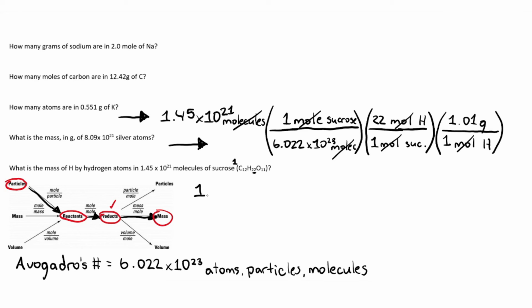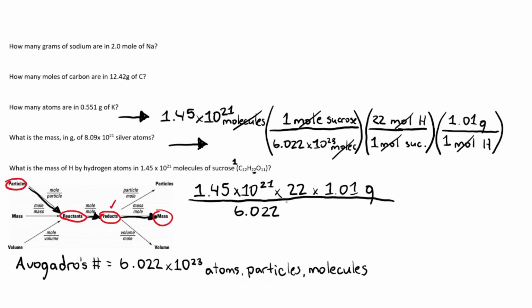You get 1.45 times 10 to the 21 times 22 times 1.01, and then I like to tack on the units that we want to stay in at the back, and then that's going to be all over 6.022 times 10 to the 23, and then calculating that gets us 0.054 grams of hydrogen.